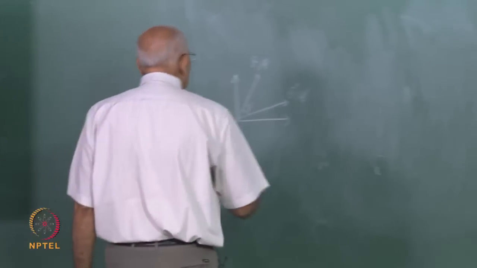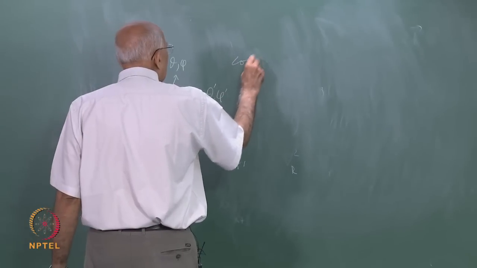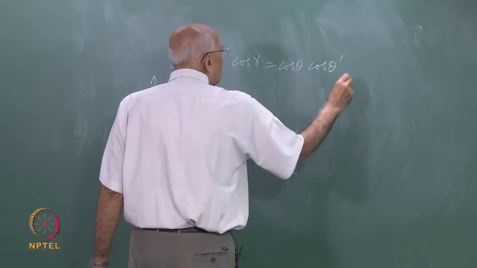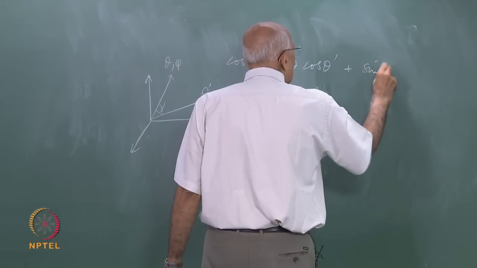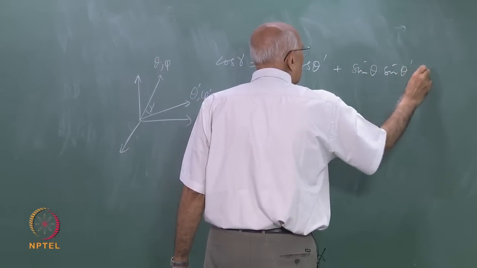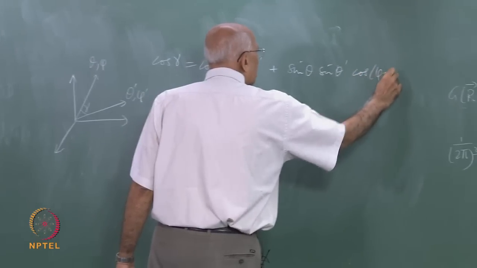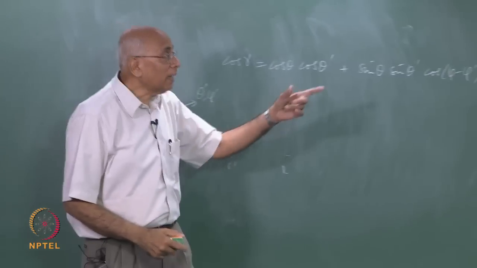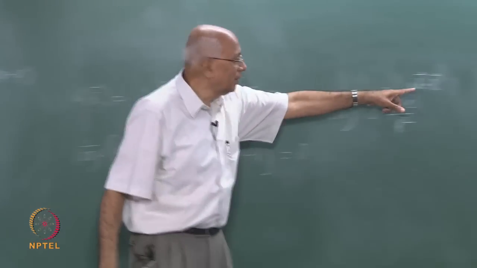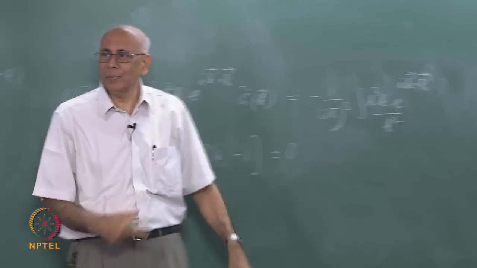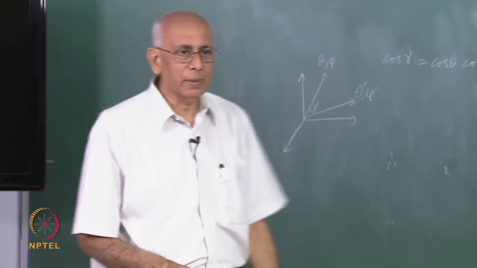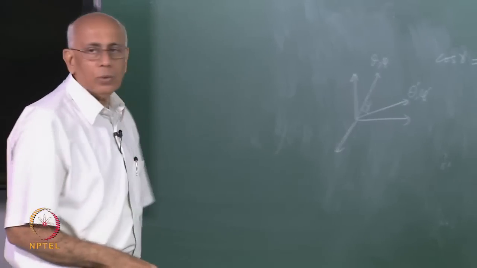So it says something like cos gamma equals cos theta cos theta prime plus sine theta sine theta prime cos of phi minus phi prime. So you have to put that in here and then integrate over theta prime and phi prime, which is a terrible job, it is horrible. So that is not the way to do it.